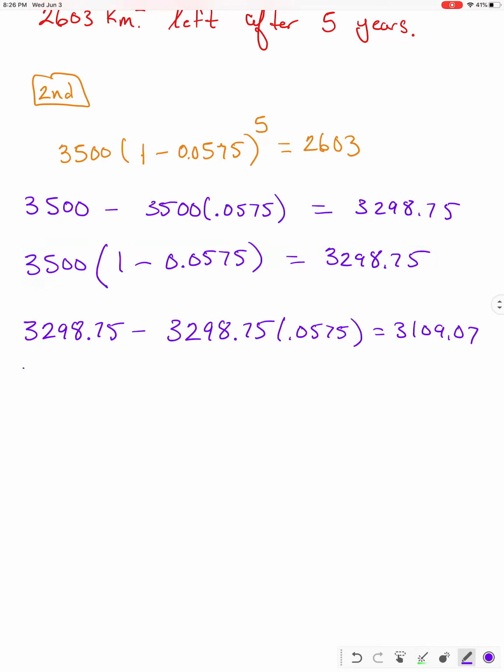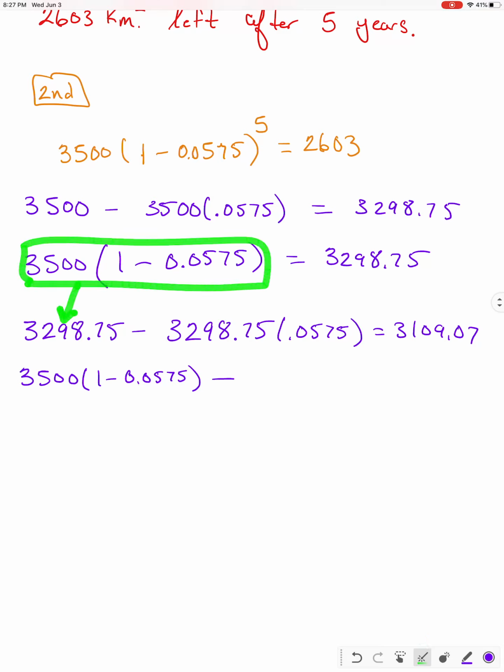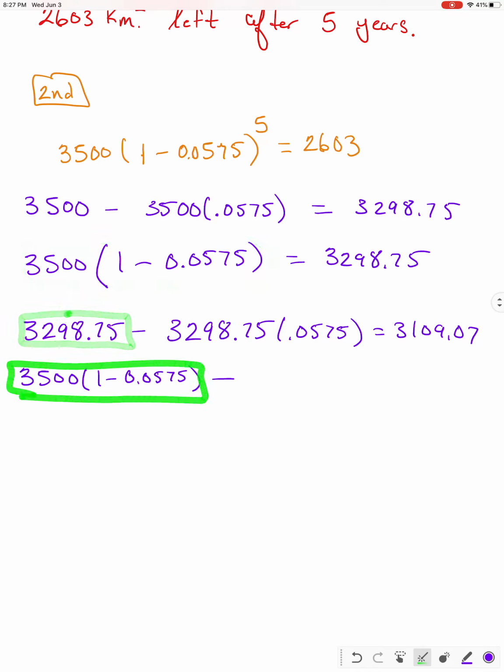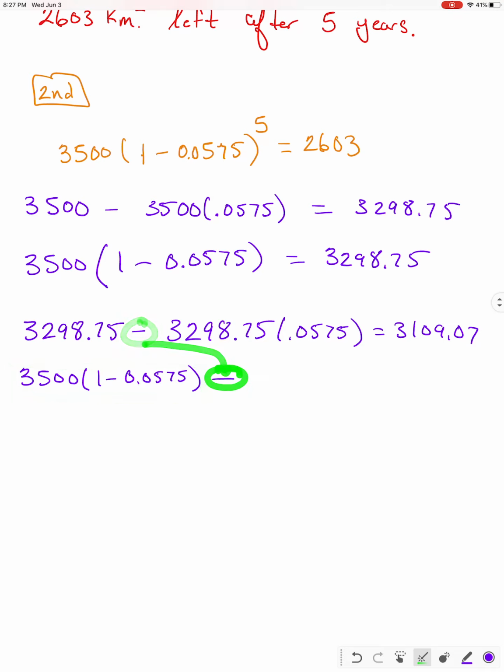So 3,298 is the same as 3,500 times 1 minus 0.0575, minus, so this number is the same as this number, and that's what I've put here. And this minus is the same as this minus. And then I have 3,298.75.